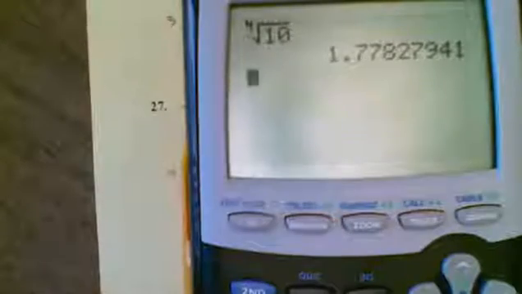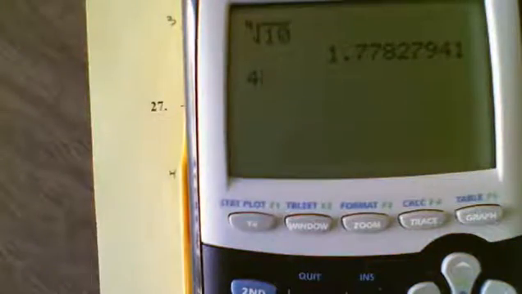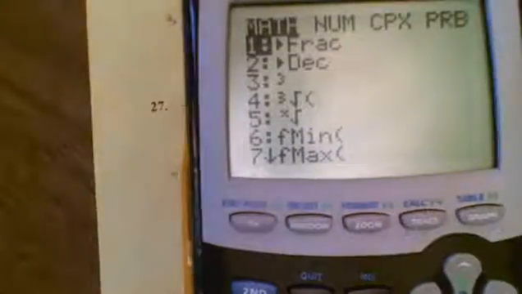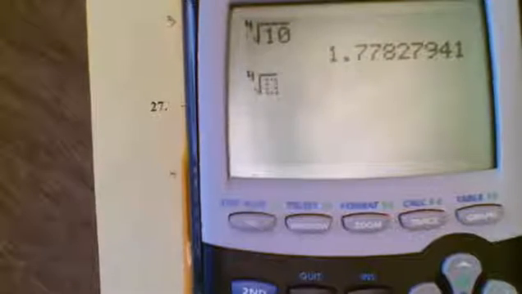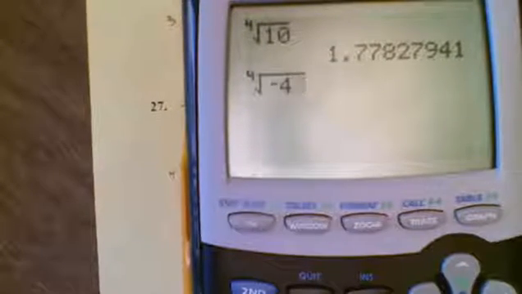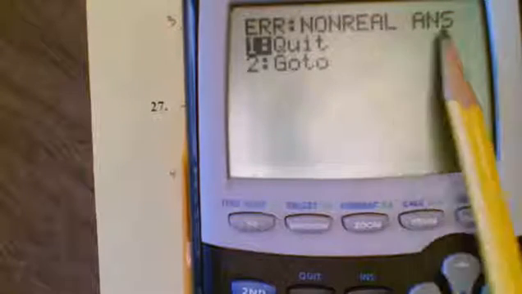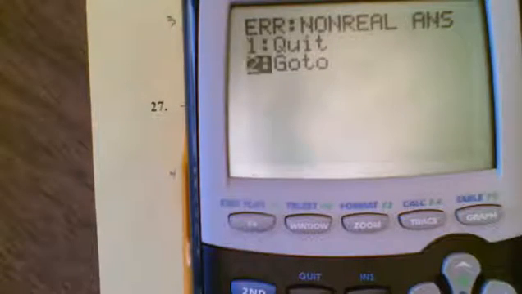Now, on your calculator, when you try to take the 4th root, I'm going to type 4. I'm going to do the xth root of -4. What happens is I get an error message. It's a non-real answer. And let's think about that.